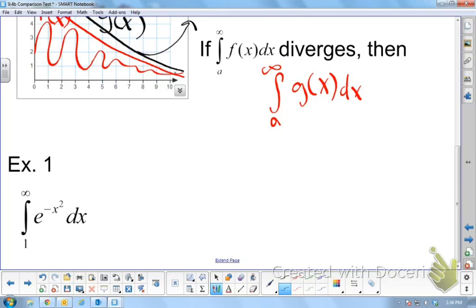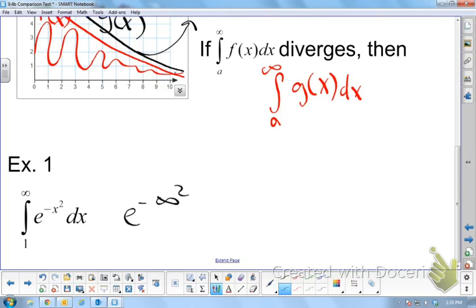Now, the hard part is we've got to pick a function. We should decide first if we think this is going to converge or if this is going to diverge. So we've got to consider, what do we think is going to happen when we plug in infinity? If we have e to the negative infinity squared, what do we think is going to happen? The squared is only applying to the infinity, not to the negative.